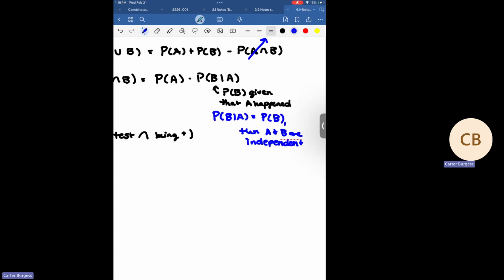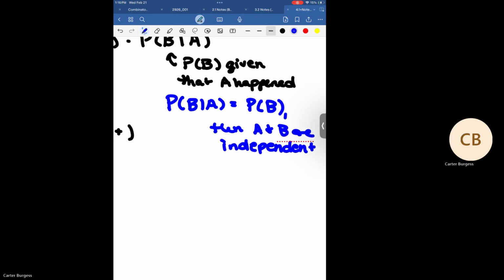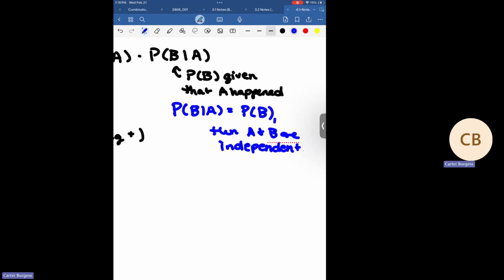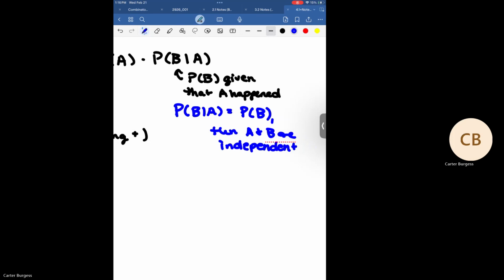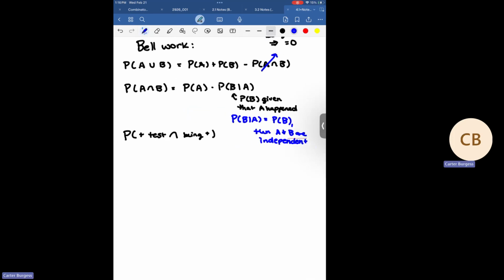Right? A and B are independent. If this, then this.